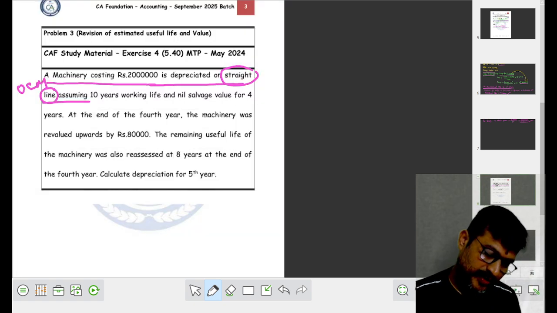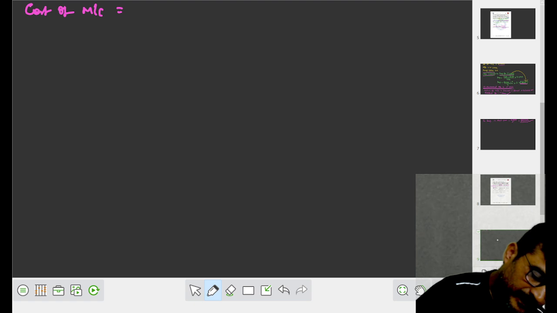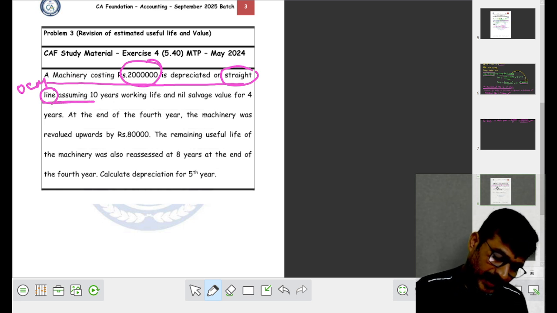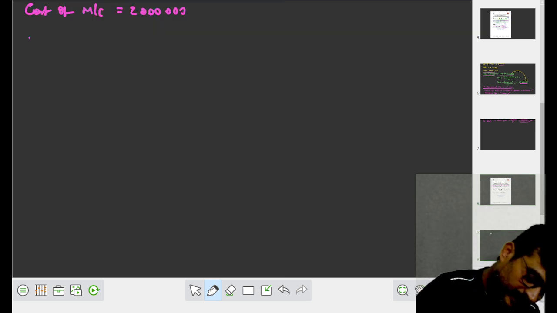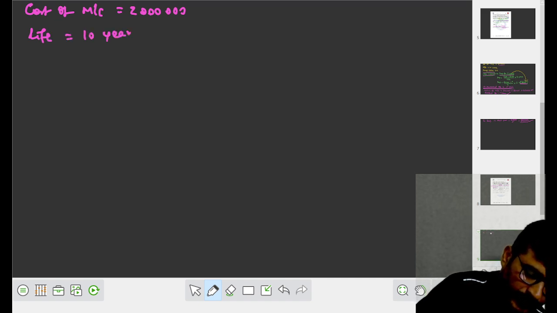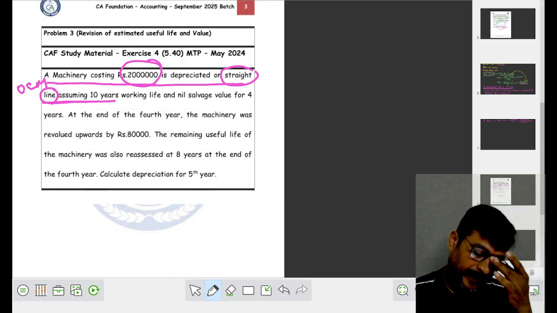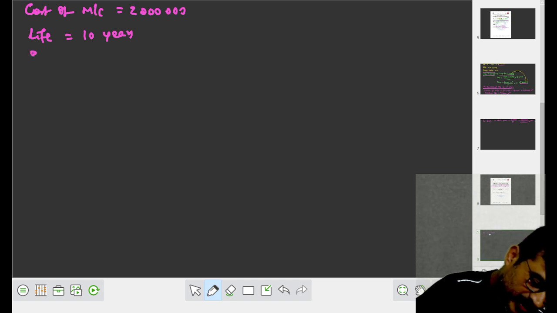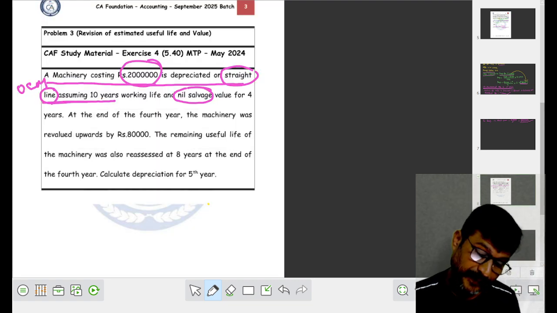How much is the cost of machinery? 20 lakhs. Fine. Life assessed 10 years. How much life? 10 years. And nil salvage value. What do you mean by nil salvage value? Scrap value is 0.